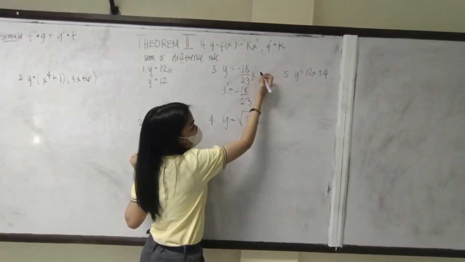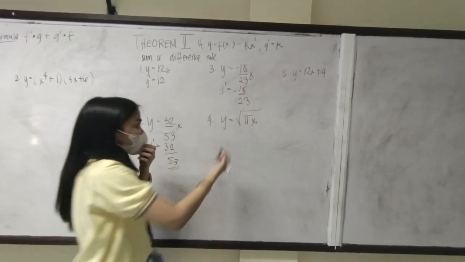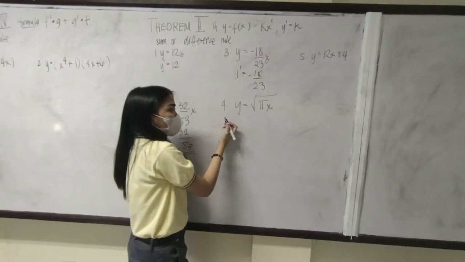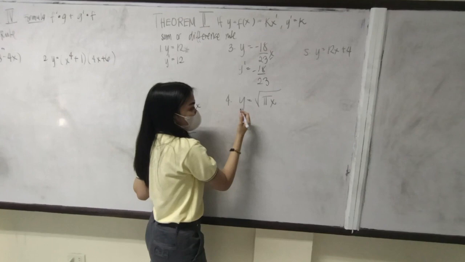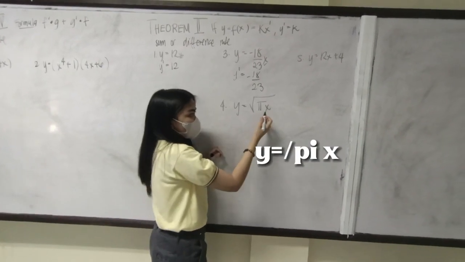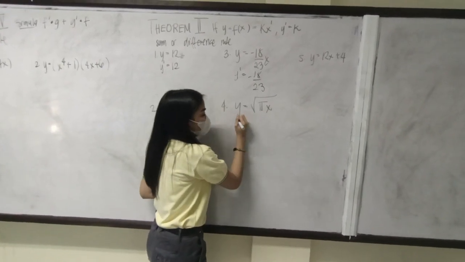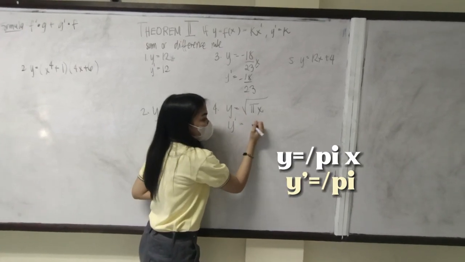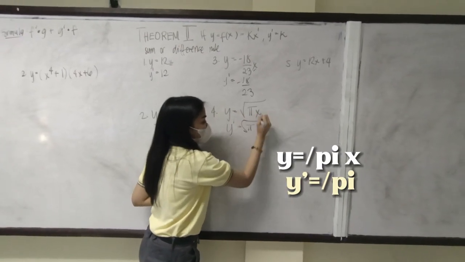This variable will be removed according to our theorem. And for the fourth example, we have y equals square root of pi x. And using the theorem, we have y prime equals square root of pi.